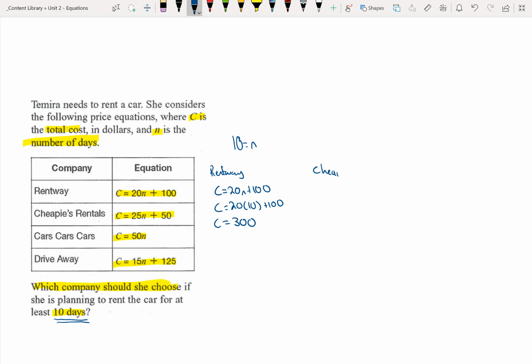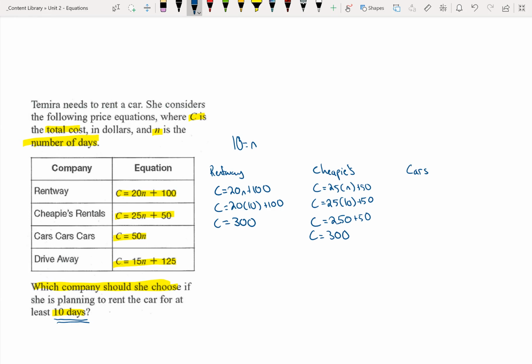And we're going to go through and do the same thing for each company. So Cheapies, C equals 25N plus 50. C equals 25 times 10 plus 50. C equals 250 plus 50. C equals 300.